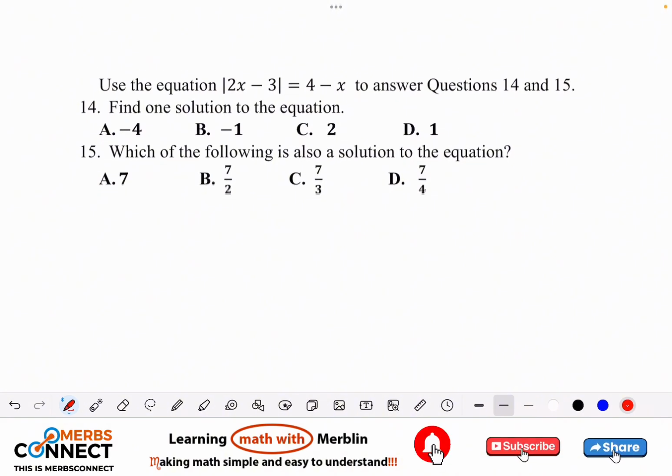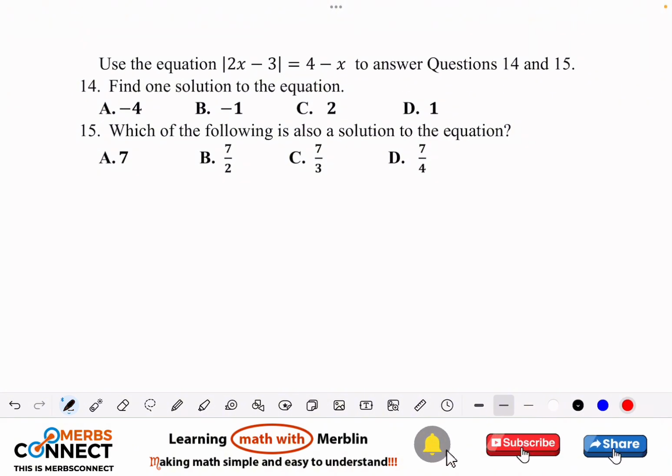So yeah, quick, we can just pick it straight away. Plus or minus 2x minus 3 is equal to 4 minus x, right? So let's consider positive, let's consider negative, right? And then we are done. So let me consider positive. What am I going to get?